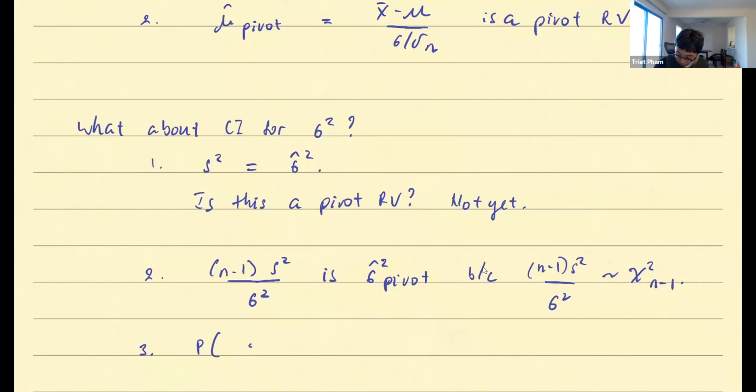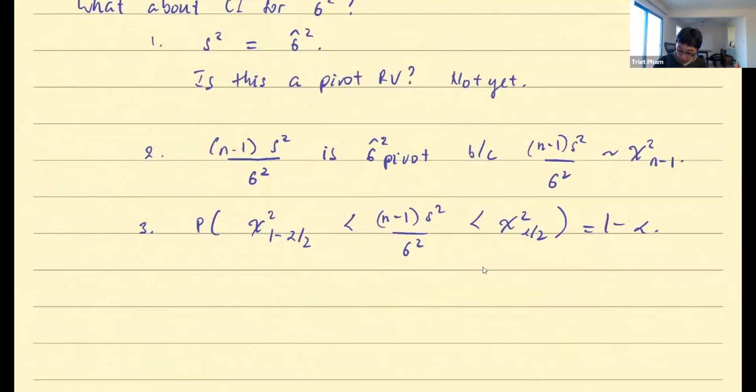So something like this, okay? Where, again, these are the population quantiles.